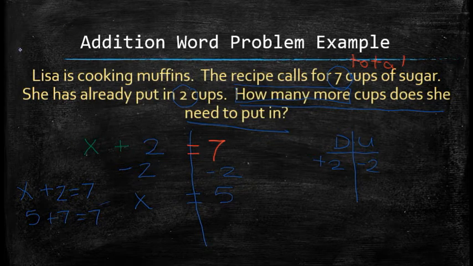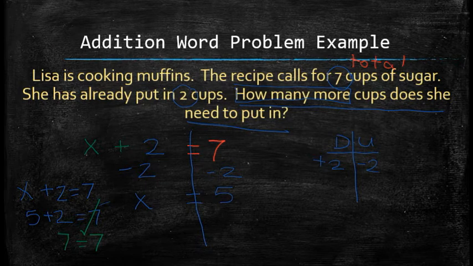Oops, I put 7 there. Got a little excited. Okay, so 5 plus 2 equals 7, and then we know 7 is equal to 7, and that is correct, so we know that we are right.